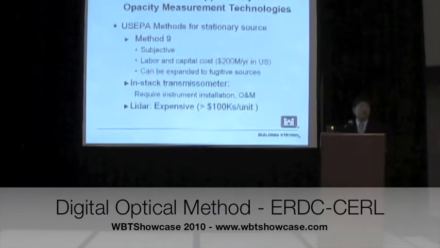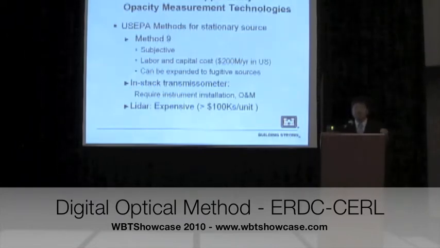The problem with Method 9 is it's very subjective. That's why we have to go to the smoke school. At smoke school, we don't learn how to smoke. We look at the smoke, and you calibrate your eye to measure opacity. Because we use visual perception, it's a kind of subjective measurement. It is also labor and capital cost intensive because people have to get training for certification of your visual perception.